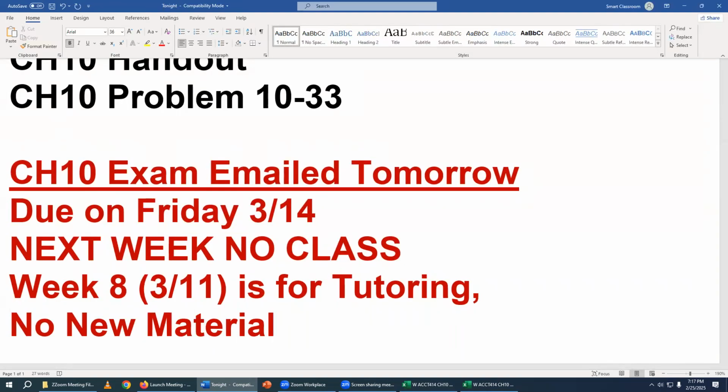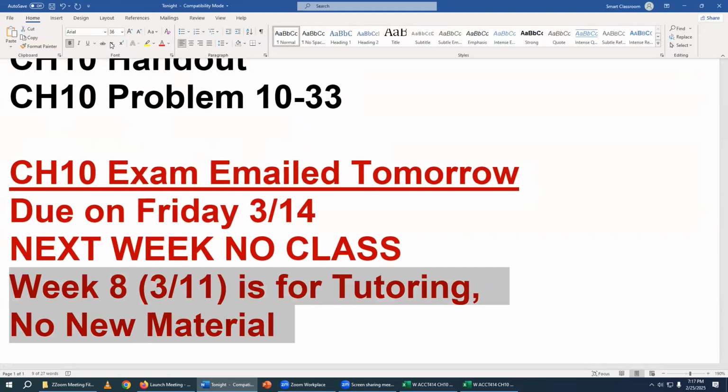The term ends in 3 days, so we're not gonna cover any new material. So week 8 is for tutoring. If you need to get stuff in, that's the time to do it.